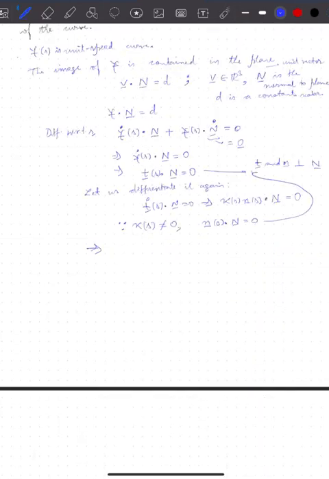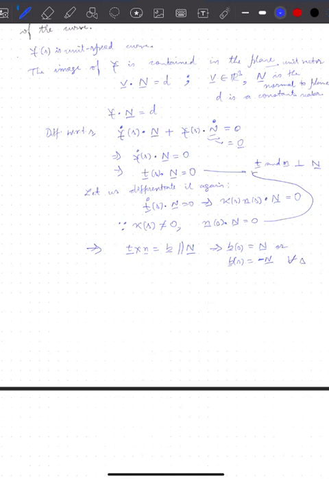So this implies that t vector cross N vector, which is the b vector, is going to be parallel to the n vector. So we can either have b vector equal to n vector, of course b as a function of s, and anyway it's going to be invariant of s, or perhaps b vector of s equal to minus n vector.